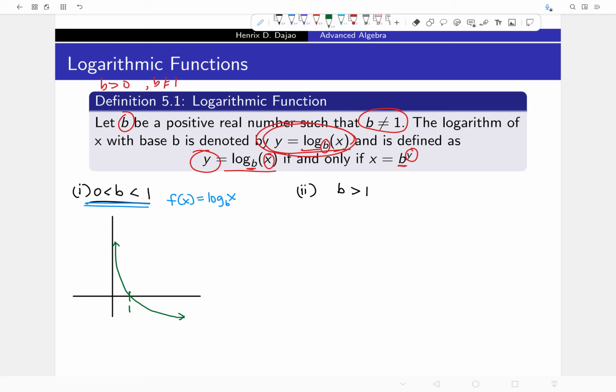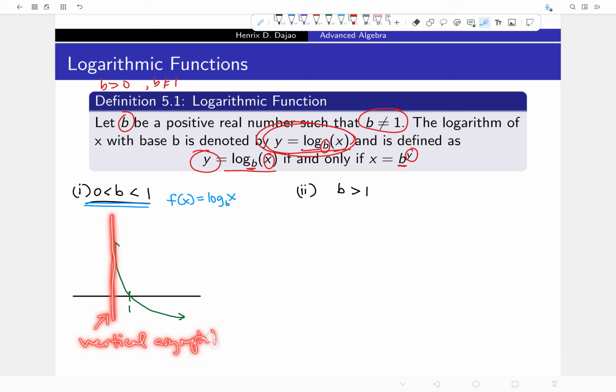Note that this is the graph of f defined by f of x equals log of x with base b, and this is the vertical asymptote of the graph.